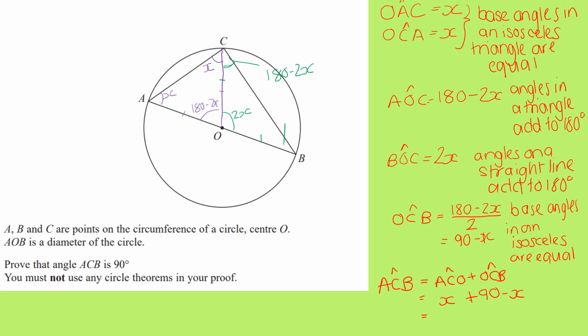Simplify that, we've got x take away x, which means we are just left with 90 degrees, and we have now proven that we have an angle of 90 degrees.